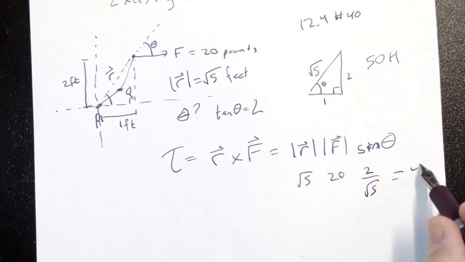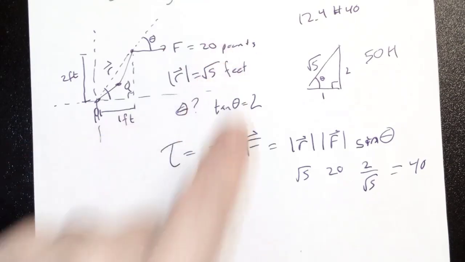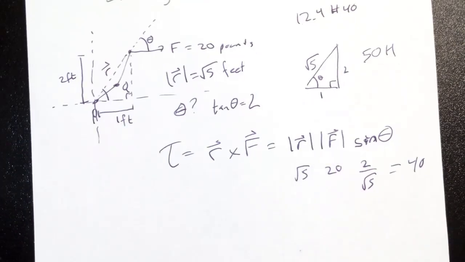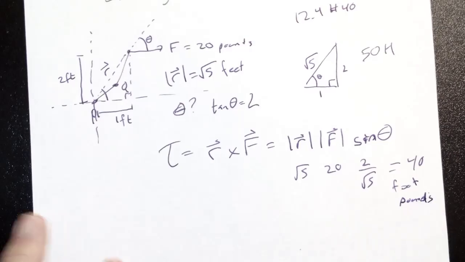Those cancel, I get 40 foot-pounds. Pounds times feet is my unit. If I was in metric, this would be Newton meters.